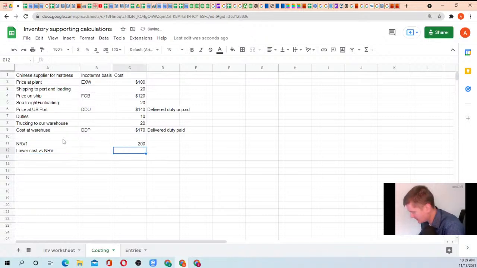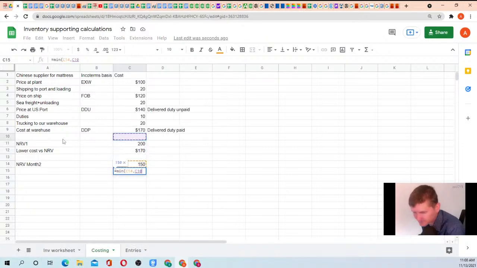Let's use a formula as smart guys and ladies: minimum of cost and NRV, which is $150.